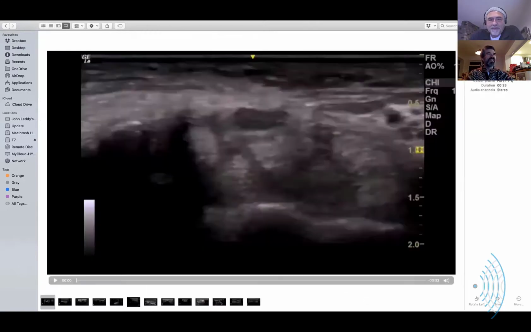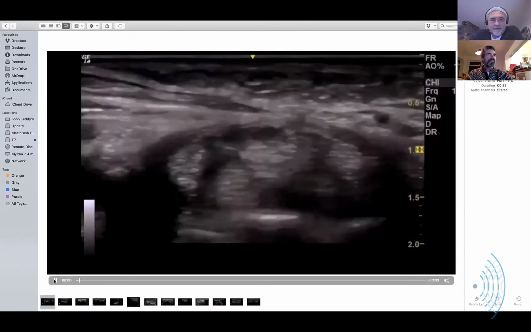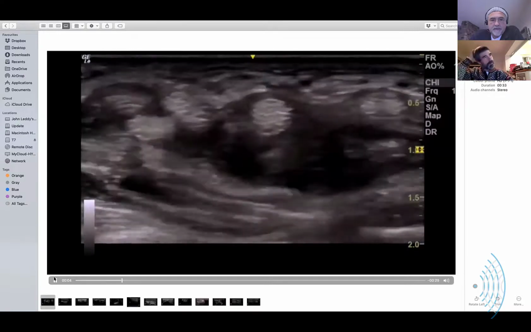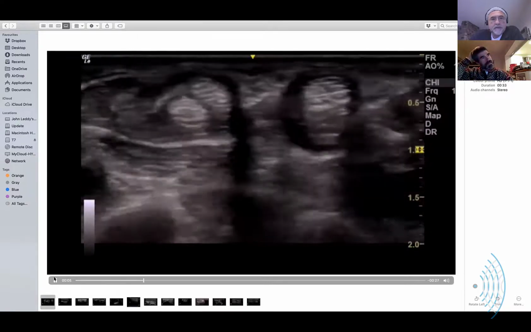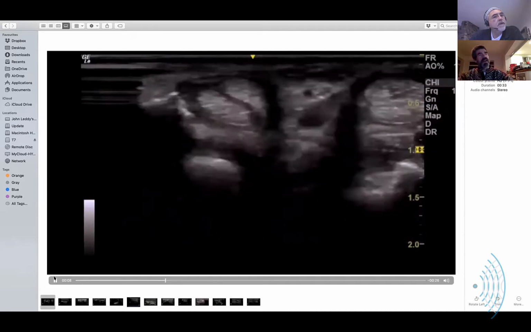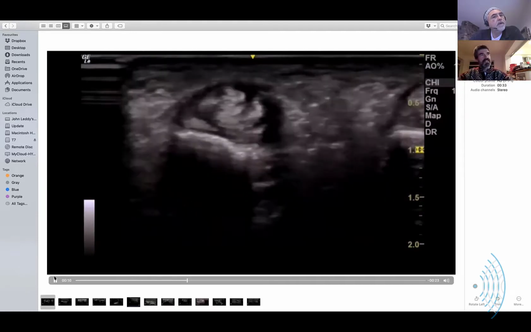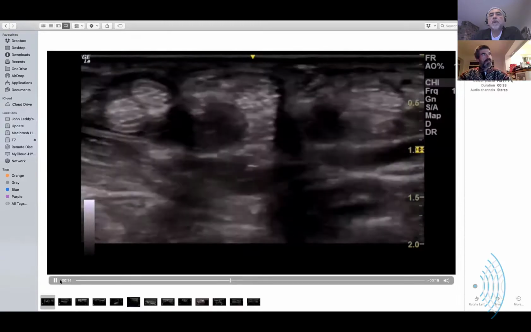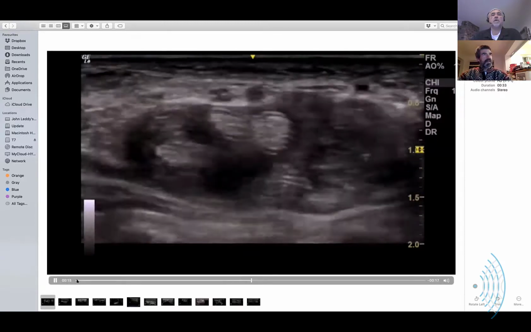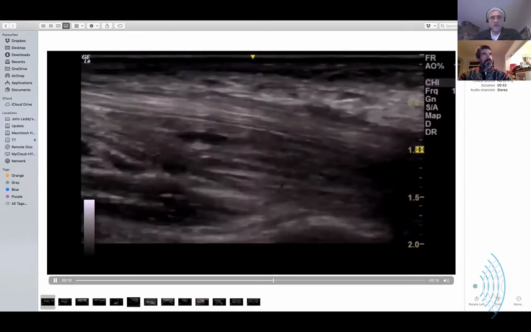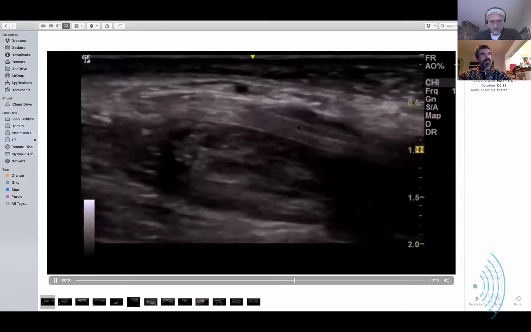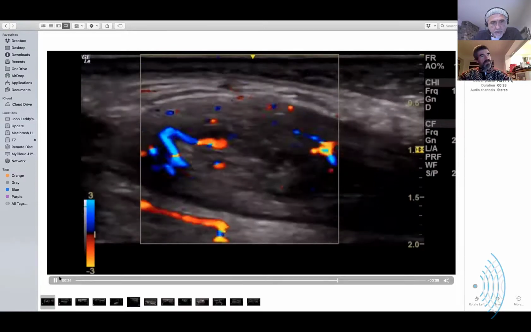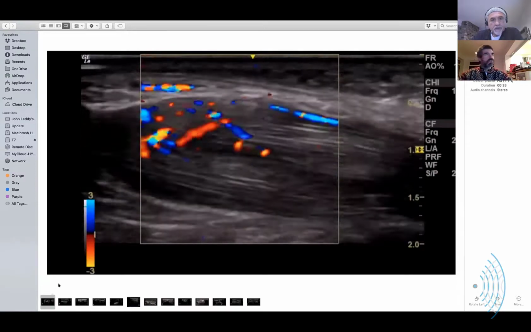Let's have a look at some stuff. So this patient had carpal tunnel syndrome symptoms. They didn't have carpal tunnel syndrome, but the nerve looked normal, while the actual flexor tendons did not look normal.